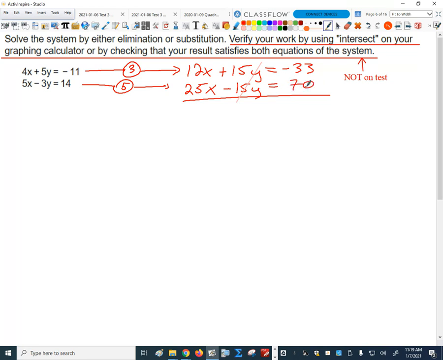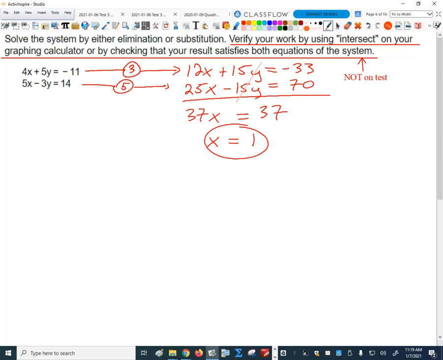And so the y's canceled. And when I add these up, I get 37x equals 37. And so if I divide each side by 37, what am I going to get, McKenna, for x? Would it be 1? Yep, it's 1, isn't it? I'll divide each side by 37 and I get 1.